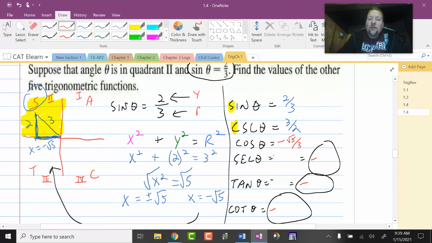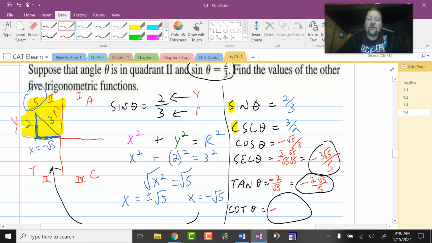Secant is 3 over negative root 5. And then you multiply by root 5 both top and bottom. Negative 3 root 5 over 5. And then tangent is y over x. Y over x, that's 2 over negative root 5. But anyway, then that ends up being negative 2 root 5 over 5.